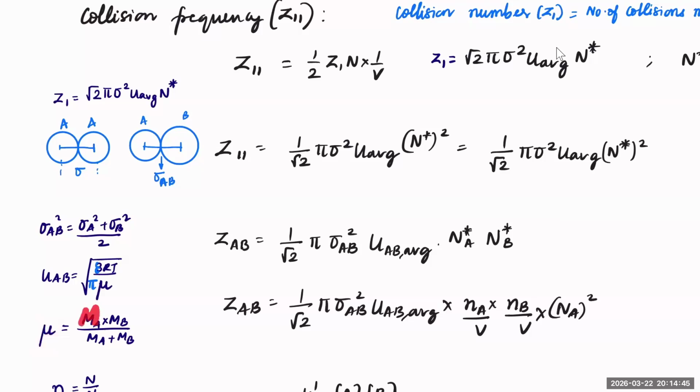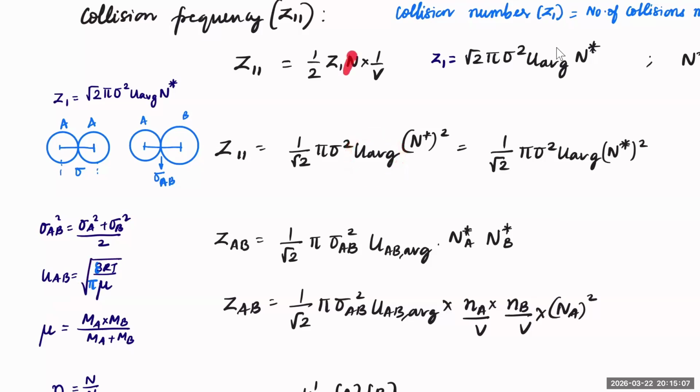So that is Ma into Mb divided by Ma plus Mb. These are the molar masses of A and B. This is called reduced mass. Mu is called the reduced mass. So UAB will be under root of 8 RT by pi mu. That is the average speed.